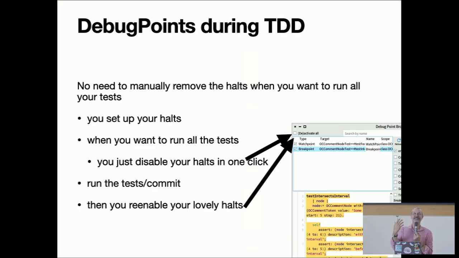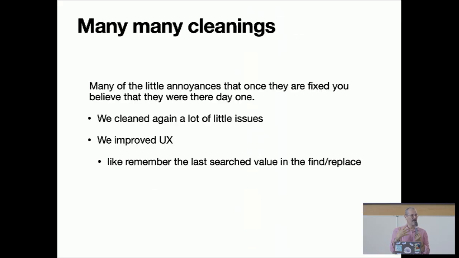Like find and replace. Why do you ask me 10 times to type the stuff that I want to replace? So now you type it once and the system says, oh, you want it back? Yes, Stefan, yes, oh yes. Those kinds of things. So we did plenty of them. If you find some, we have a tag called UX. You enter it and then we will fix it.